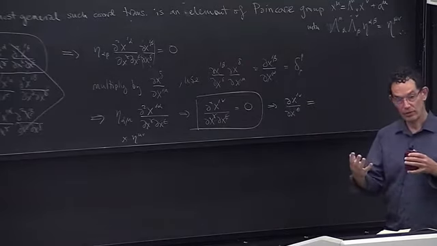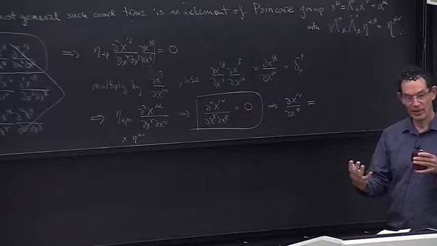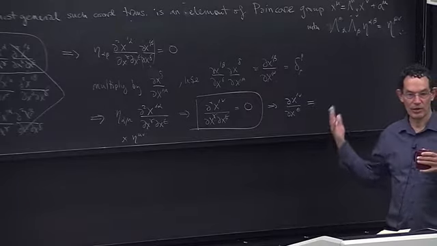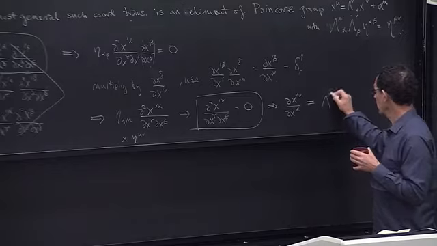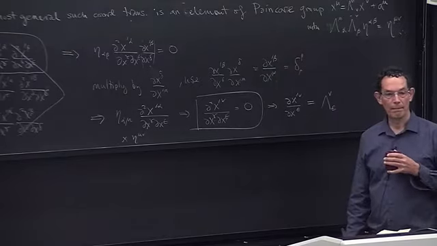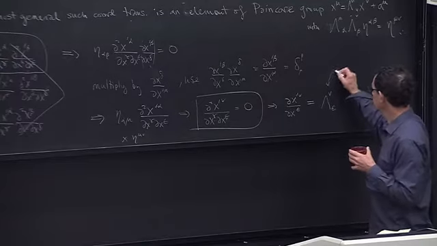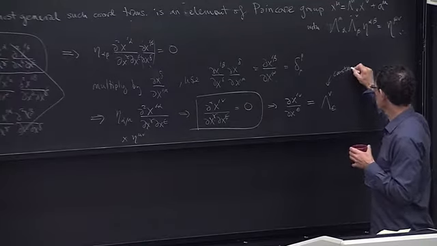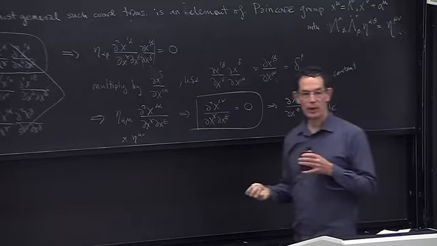If the derivative of something is 0, something has to be a constant. It's the only solution. So that's lambda nu epsilon. Constant. Some matrix lambda nu epsilon.